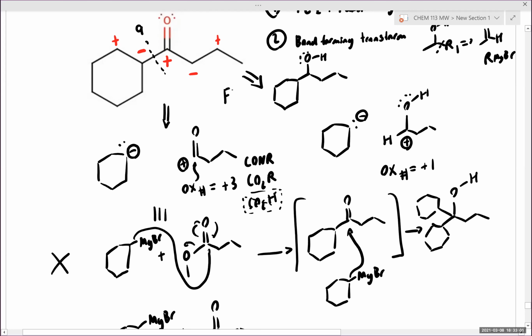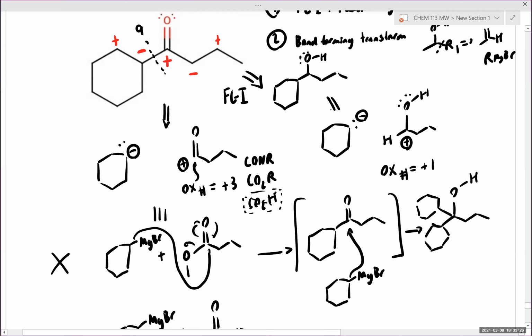So this is a classic example where we use a functional group interconversion to trace our substrate back to a different oxidation state or a different functionality that is easier to make, right? It's pretty easy to make this alcohol, would we all agree?